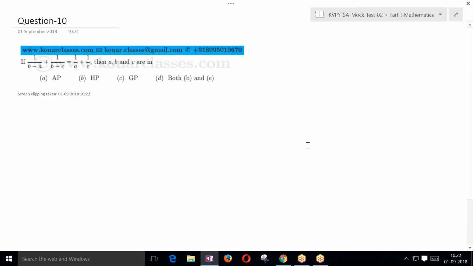The question is, if 1 by b minus a plus 1 by b minus c is equal to 1 by a plus 1 by c, then a, b, c are in what relation? Arithmetic progression, or harmonic progression, or geometric progression, or option D is both b and c. So let's solve. This is fundamentals of algebra. So what is the relationship given?